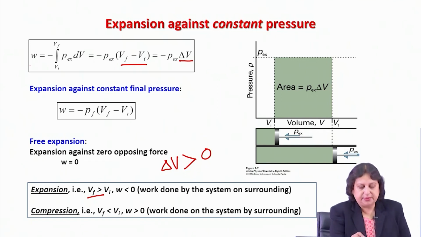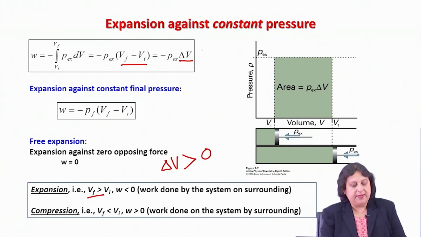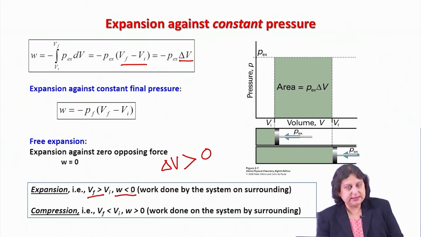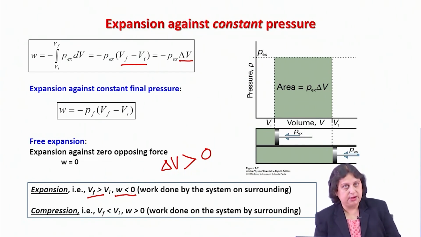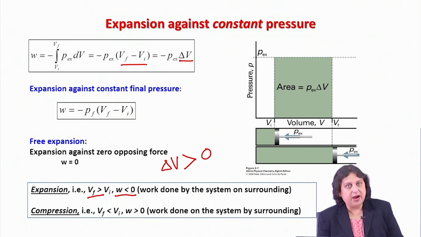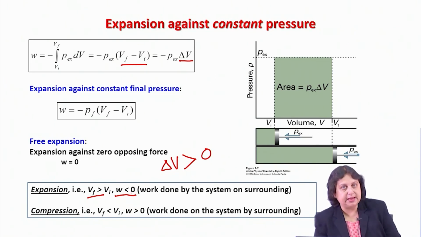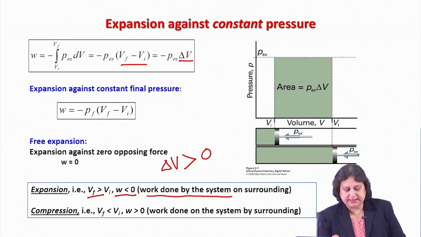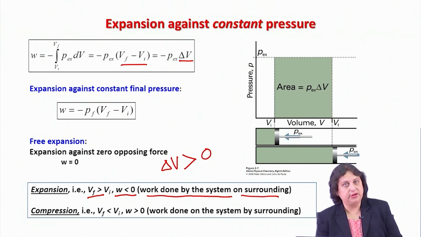And what is W? W is equal to minus P external into delta V, and therefore, W is less than 0. This is consistent with the fact that we are taking W to be a negative quantity when the work is being done by the system on the surrounding at the expense of its own internal energy.